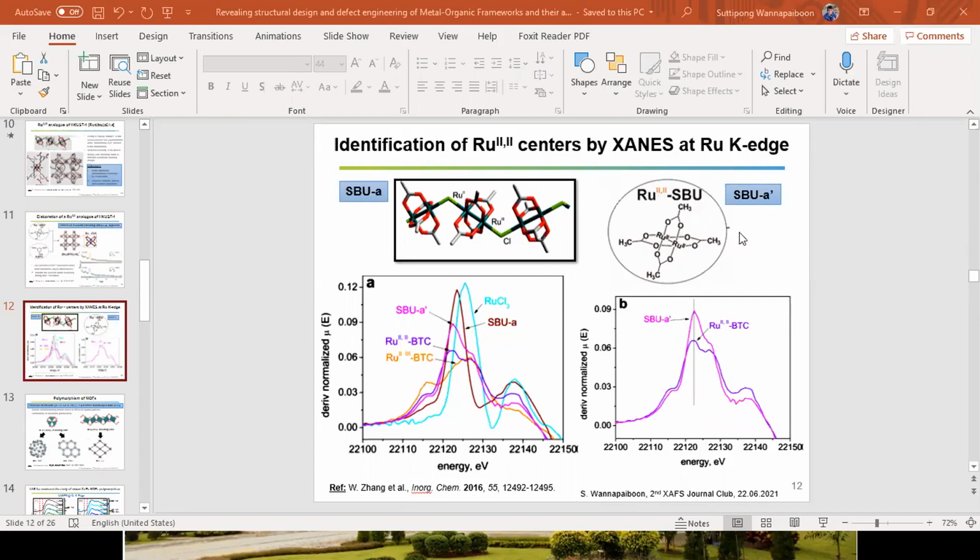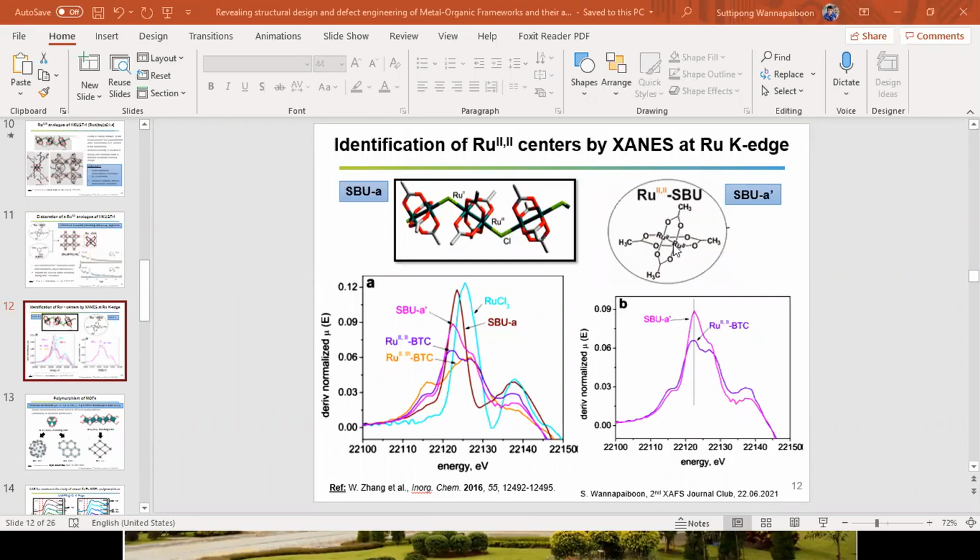But if you change the synthetic procedure to SBUA prime, which is an organometallic synthesis to get this kind of cluster inside an argon atmosphere, it also starts with ruthenium 2,2 but without chlorine atoms inside.